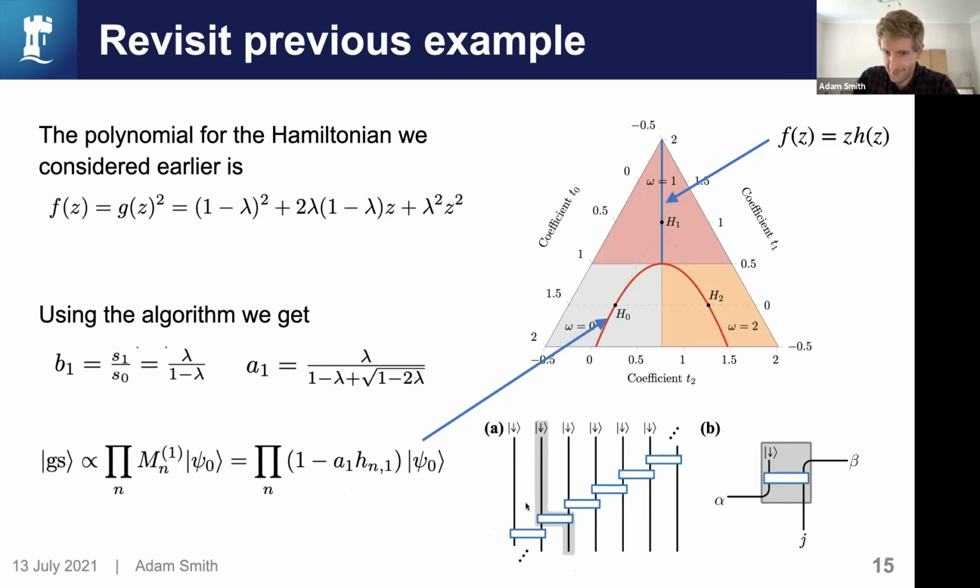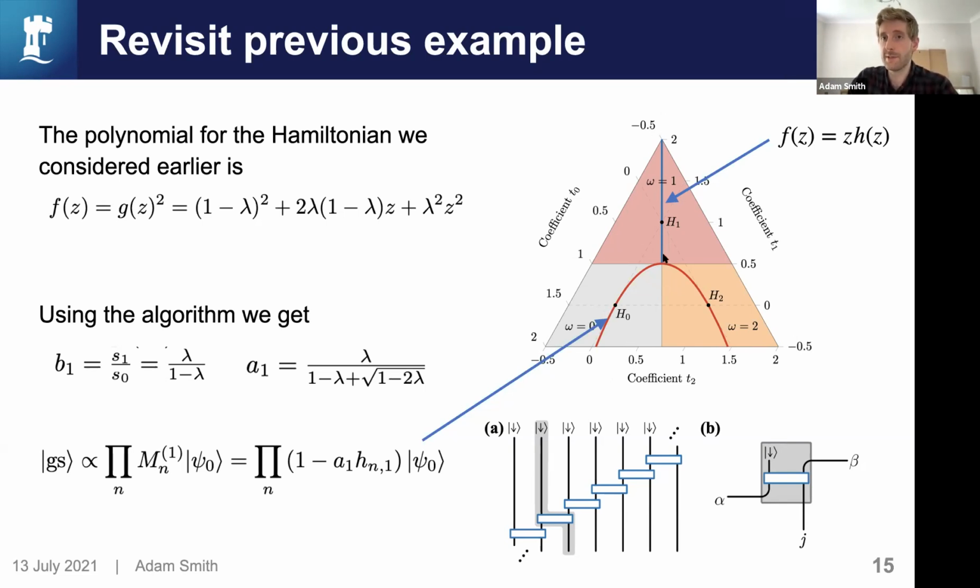If I extract this repeating element, it looks like this. You have a leg going in, a leg going out, and a physical leg. So this block is the matrix of our matrix product state. So with our result, we can see how we can get this MPS, how we can build this.